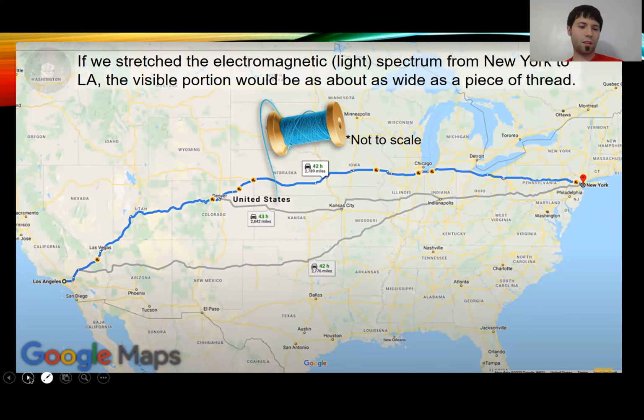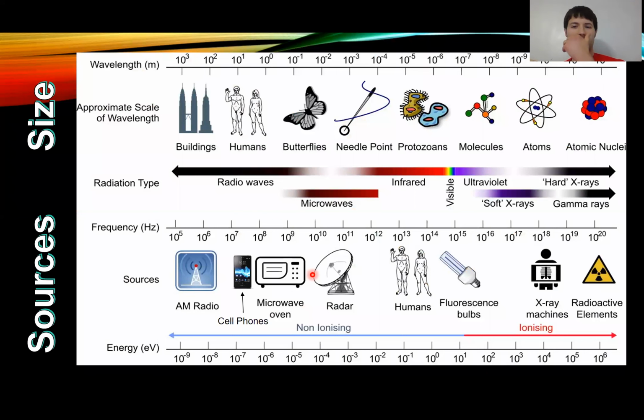So let me go back to the electromagnetic spectrum and talk about the different types of wavelengths or frequencies that are out there. This is a pretty cool infographic on the electromagnetic spectrum. On the top here, this is showing if we had a light wave the size of a building, this is what kind of wave we would have.